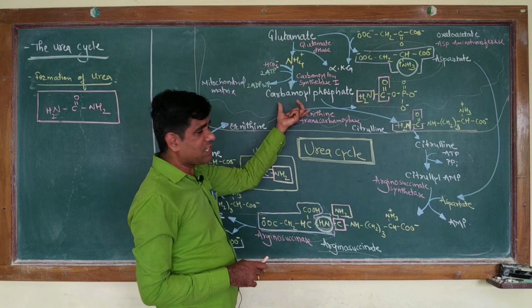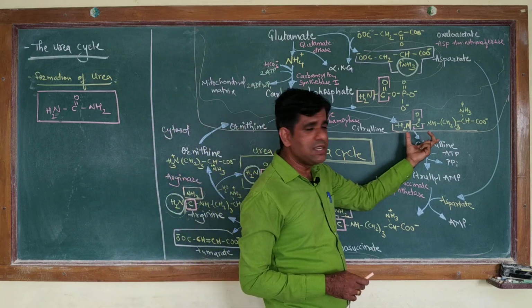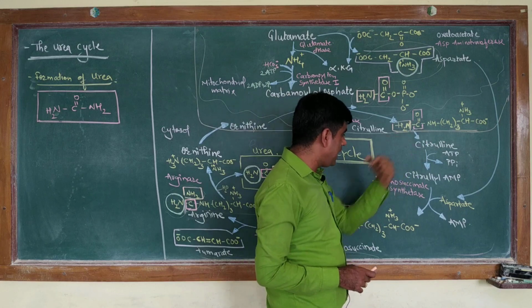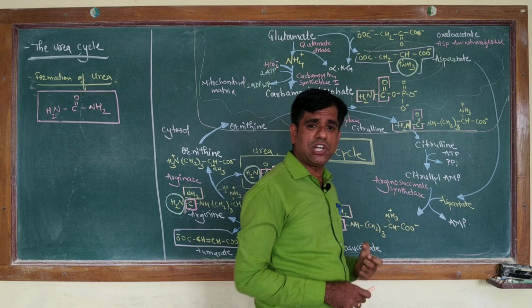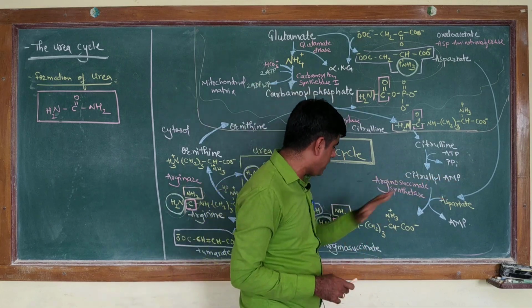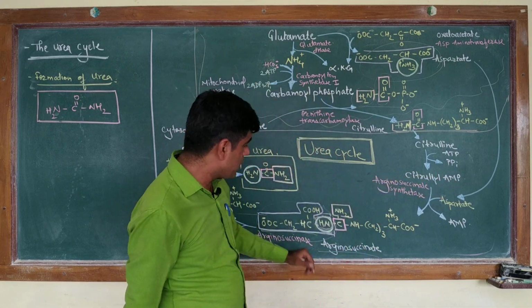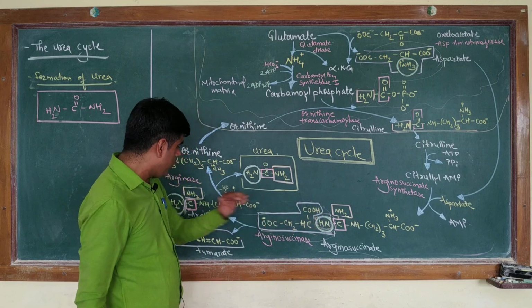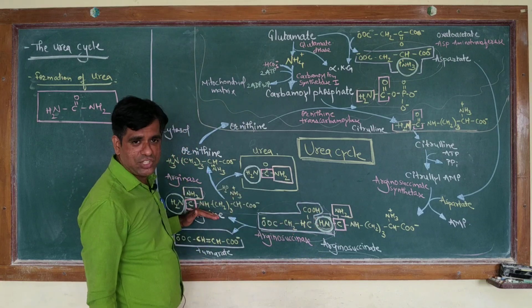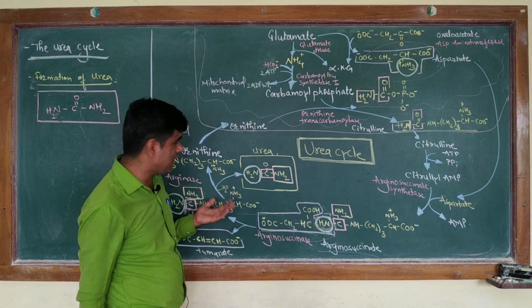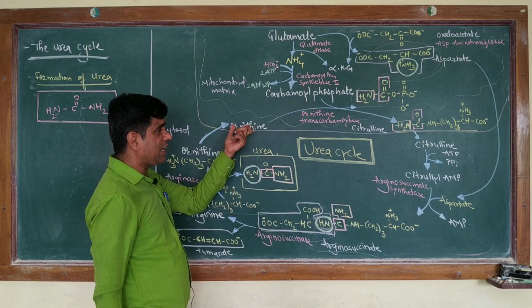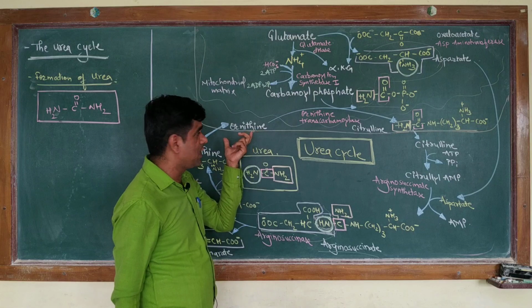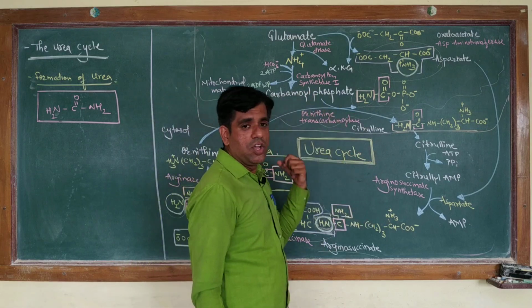Ornithine combines with carbamyl phosphate to form citrulline. Citrulline combines with aspartate and ATP via the intermediate formation of citrulyl AMP to form arginosuccinate. Arginosuccinate is cleaved to form fumarate and arginine. Arginine is further cleaved to form urea and ornithine, and this ornithine is the first intermediate of this particular urea cycle.